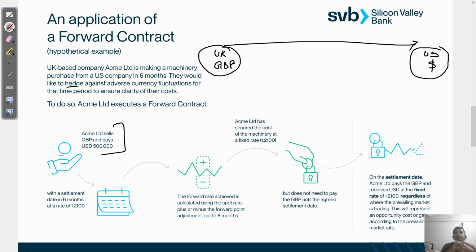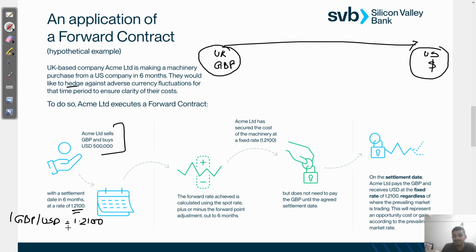Now, to pay the US company $500,000 for machinery, Acme has fixed its exchange rate today, to buy $500,000 6 months from now, at a rate of 1.21. That means GBP USD is 1.2100, so for 1 GBP, Acme is ready to pay 1.21 dollars.